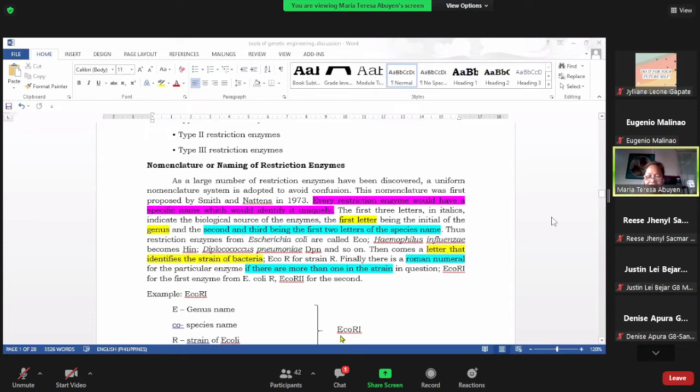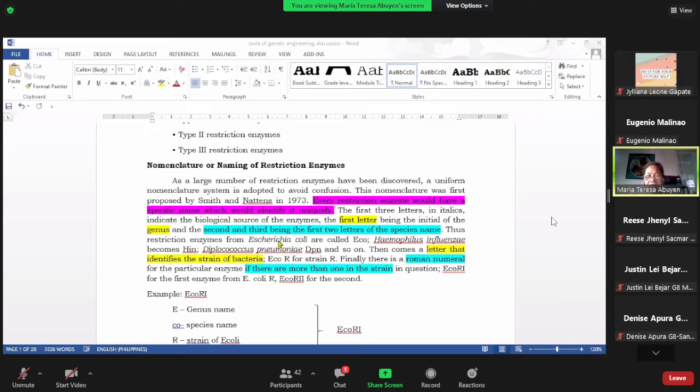Take EcoRI. The first letter refers to the genus name, or the generic name, of the organism. For example, E. coli, or Escherichia coli, is a common bacterium used in genetic engineering.